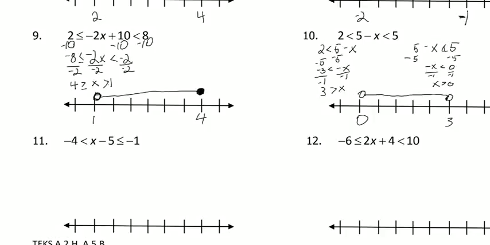Okay, number 11. We're going to add 5 everywhere on this one. Add 5. Negative 4 plus 5 is going to be 1 less than x less than or equal to negative 1 plus 5 is 4.